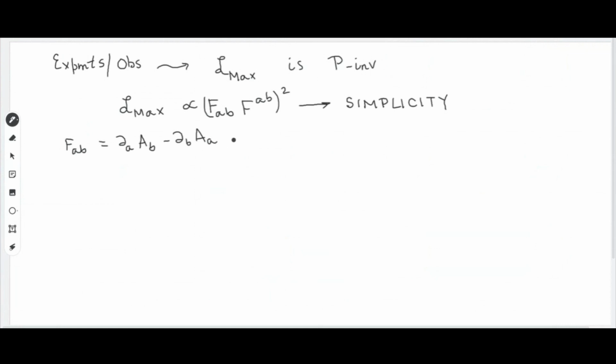Then if you put in a higher power, the equations will be higher order in the derivatives. Here we have linear orders in derivatives in the F's, so if you put a higher power, there will be 4 derivative terms. So when you look at the equation of motion, you might get a 4th order equation.